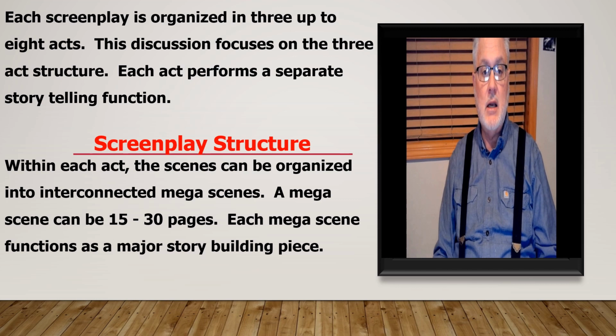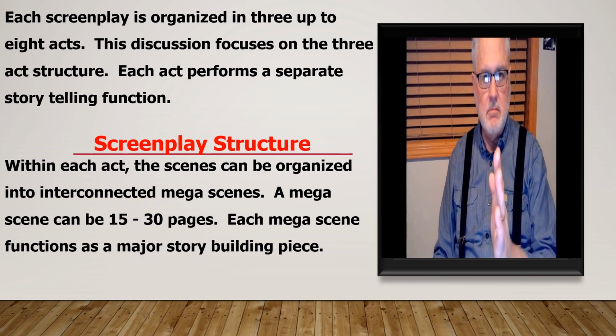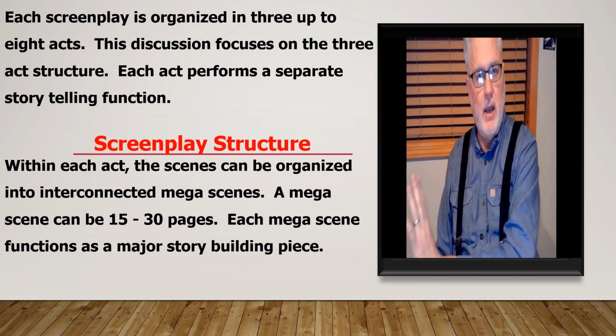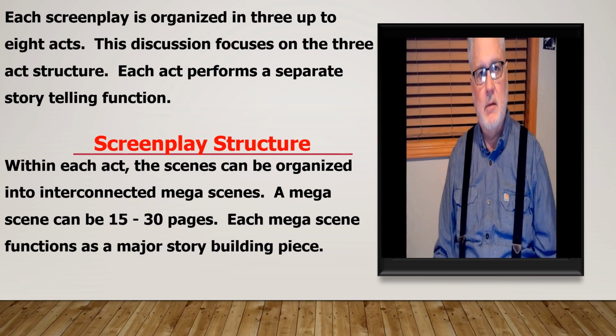You've got basically the first act, 30 pages. The second act is 60 pages, divided in half because you've got the midpoint. So the second act is 30 pages, midpoint 30 pages, and then the third act is 30 pages. But if you have an 8-act, then it's 15 pages per act.